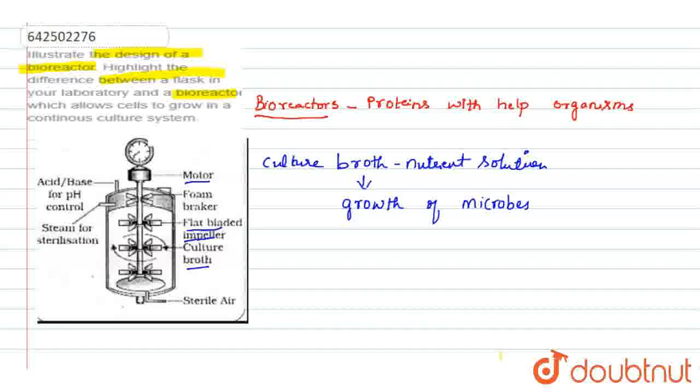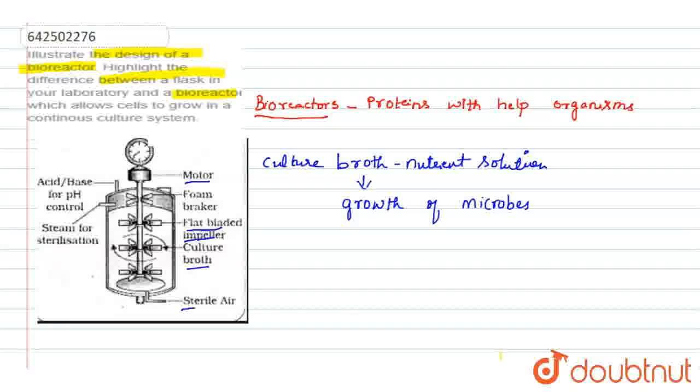The impeller or the blades run with the help of the motor throughout the process, such that the culture broth is equally distributed among the microorganisms present here. That is the main advantage of this impeller.